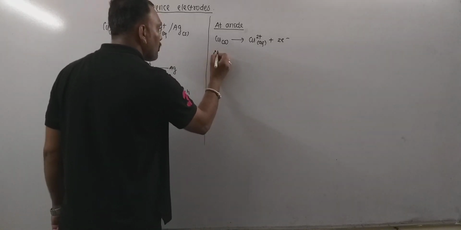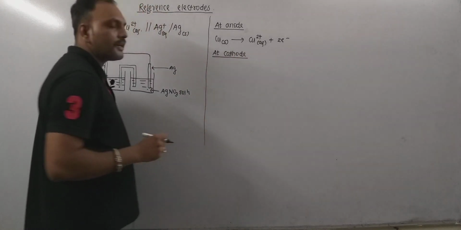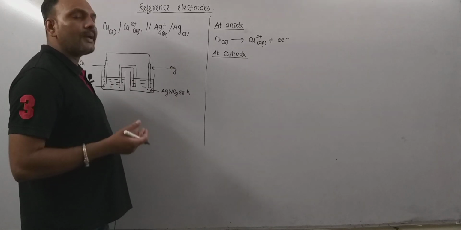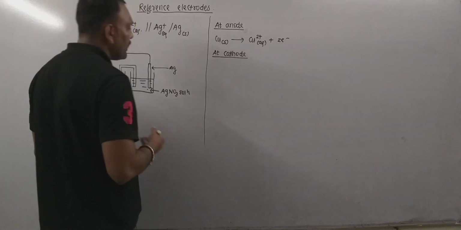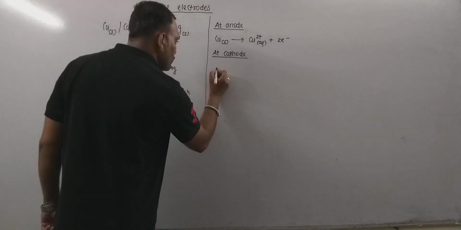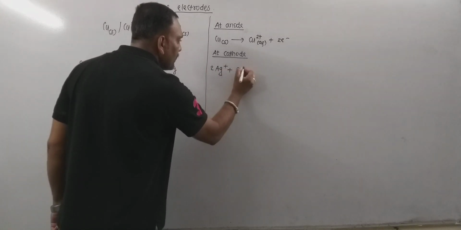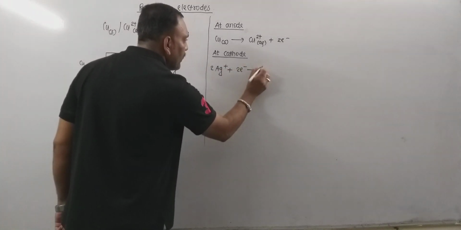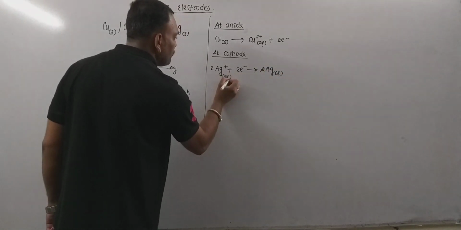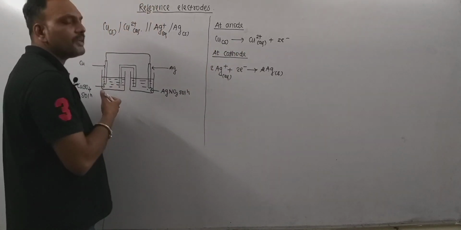And at the other electrode, the cathode, remember the cathode is an electrode at which reduction takes place. So the electrons liberated at the anode are accepted at the other electrode where silver ions are ready to accept those. So Ag+ ions gain those electrons and undergo reduction, thereby deposition of silver takes place. So this is the oxidation and this is the reduction reaction taking place in this cell.